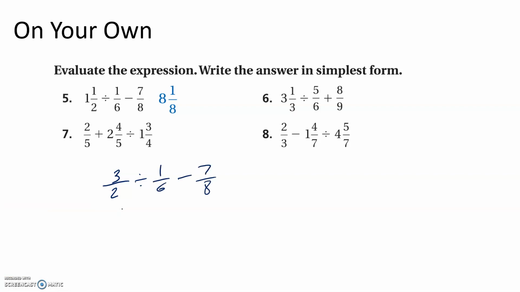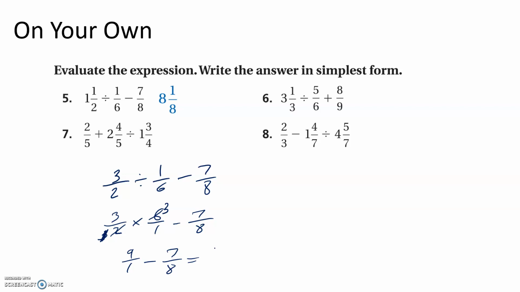Okay, division comes before subtraction. So 3 halves times 6/1 minus 7/8. And then cross cancel 1, 3. So it becomes 9/1 minus 7/8. And you've got to get the denominators the same.